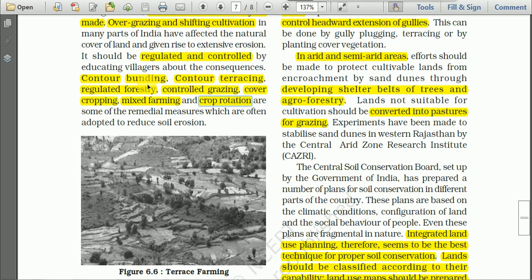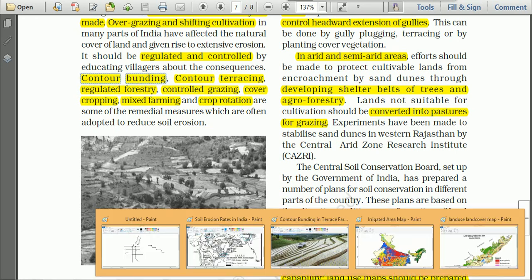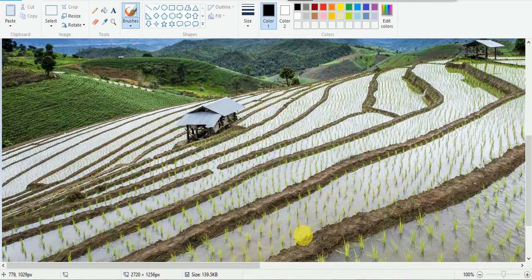Contour bunding, just see here, we have this photograph. Actually, contour bunding and contour terracing go side by side. Here the whole slope of the mountain is terraced. And see, these are the bunds, so we have to make bunds like this, and this is what we call contour bunding.